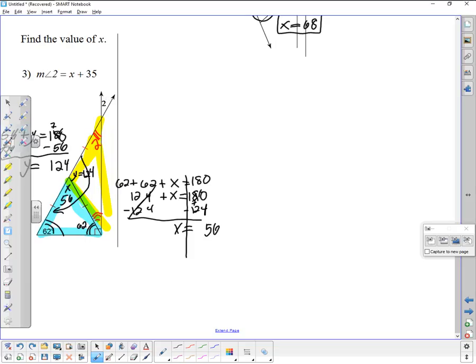So I'm going to do the following. If you use the angle sum principle, if you add all these angles, you should get 180. So one of them is 124. Then angle 2, they tell me angle 2 is x plus 35.